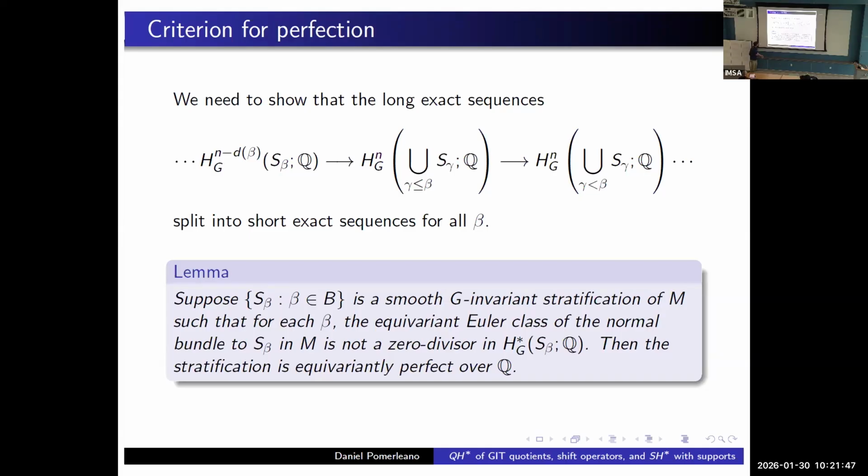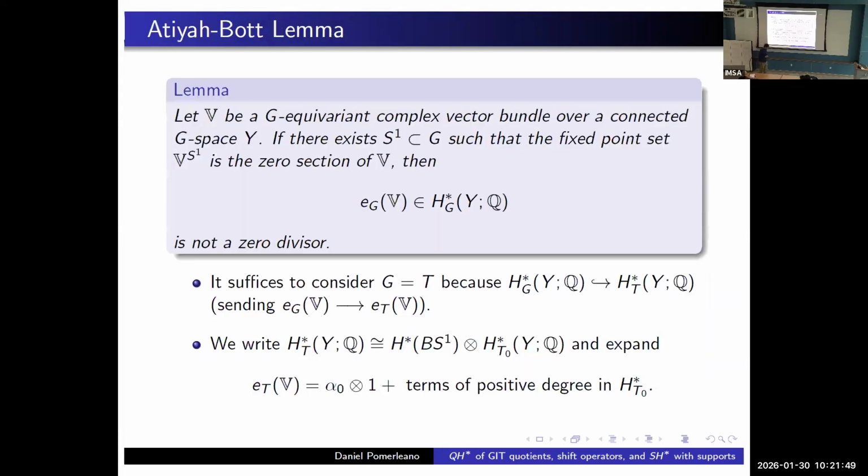And there's a criterion for that, which is called the Atiyah-Bott criterion. Let's say you have an equivariant vector bundle over some space Y, and let's say there's a subgroup where the fixed point set of the action on that vector bundle is exactly the zero section.